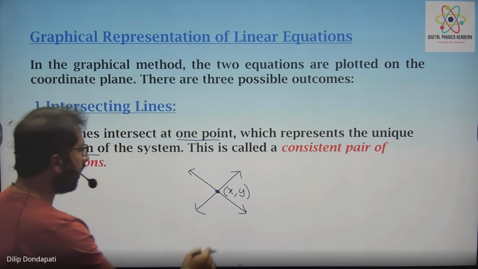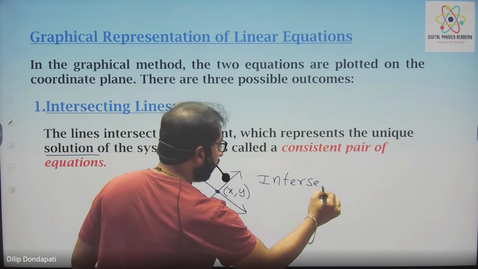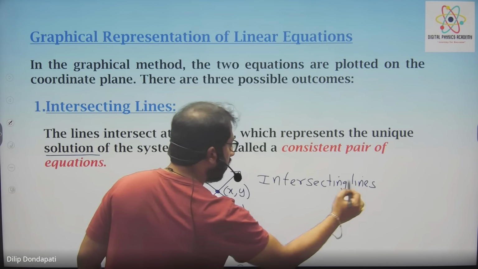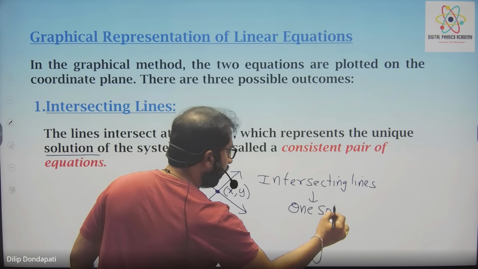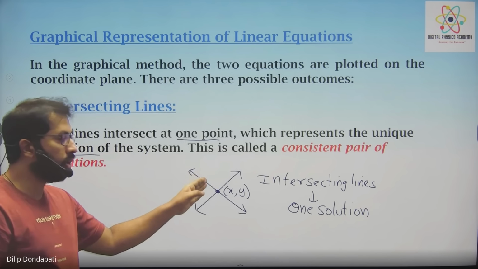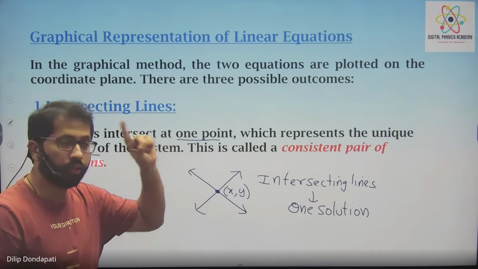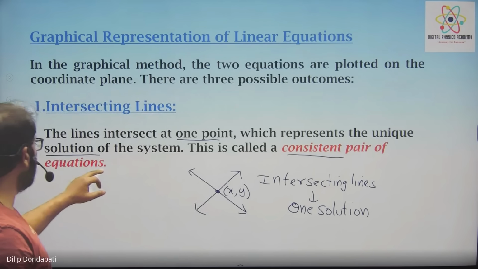So how many solutions will intersecting lines have? One solution only. Since it is meeting at one point only, the corresponding x and corresponding y is the solution. One solution. And since it has at least one solution, it is called consistent.